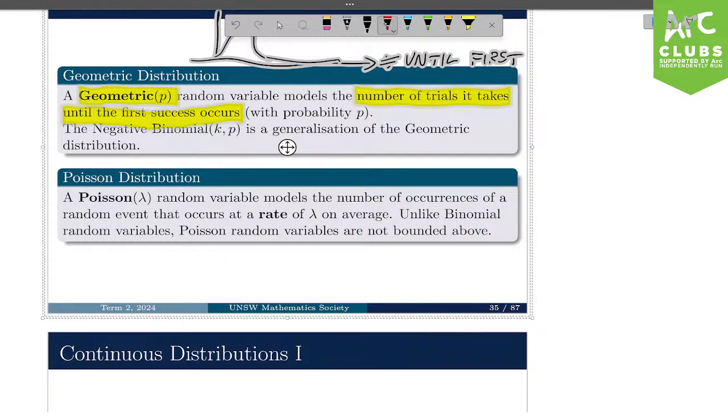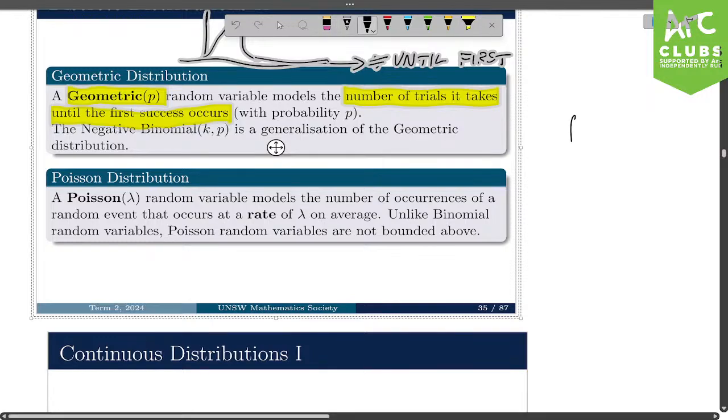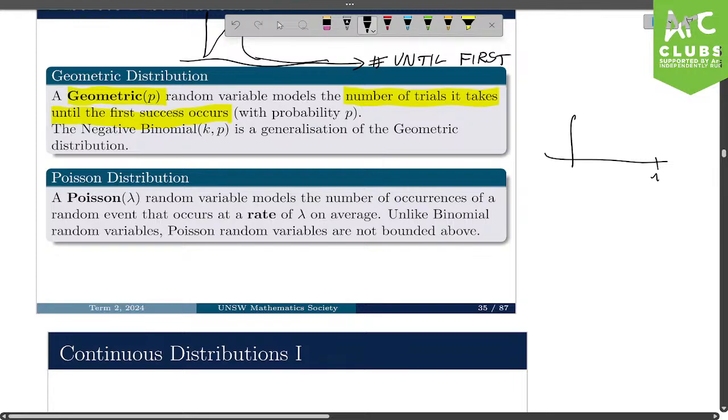A Poisson random variable models the number of occurrences of a random event that occurs at a rate lambda on average. So unlike the binomial, Poisson random variables are not bounded above. If I had a look at the binomial, this would go up to n. Poisson random variables, I guess it looks kind of like that, maybe?